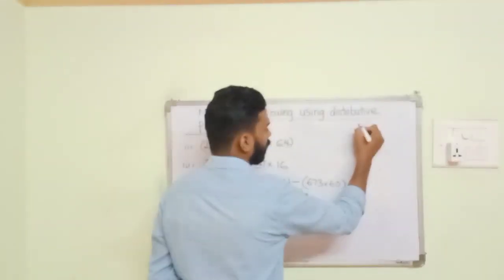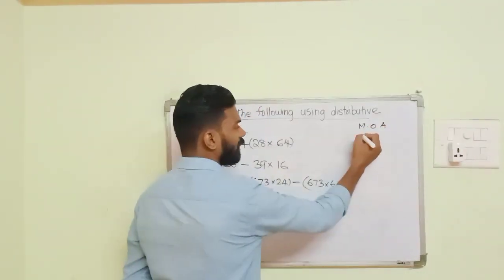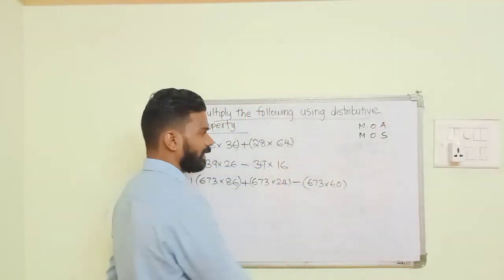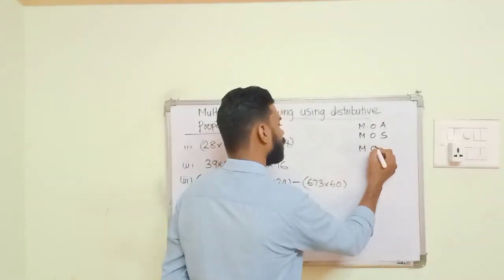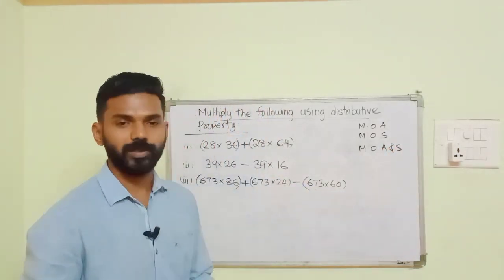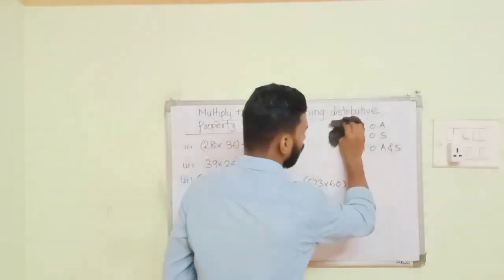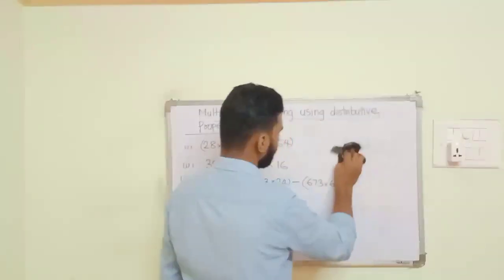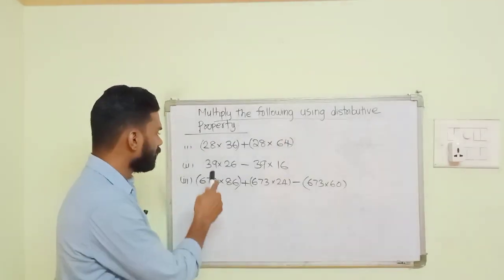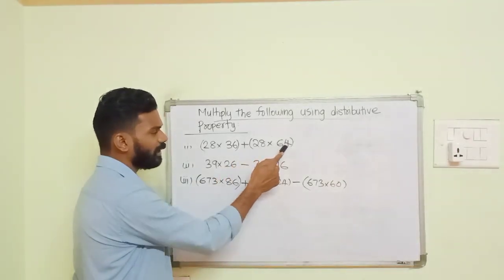Every kind of problem is there. Multiplication over addition is there. Multiplication over subtraction is also there. And in some questions, multiplication over addition and subtraction both we need to use in order to do them in a simpler way. So in all these cases are given here. On the first case, you can see 28 into 36 plus 28 into 64.